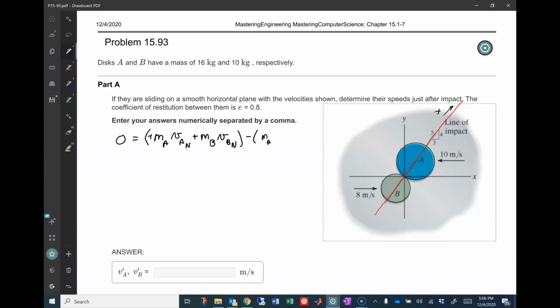Let's try and figure out what that is. Here's your normal line. It's a 3-4-5 triangle, and this velocity is going this direction, and it's 10. What I want to find out is the velocity right here. I really don't like these 3-4-5 triangles, so I'm going to say this angle right here is theta.